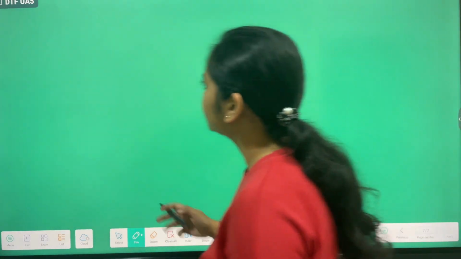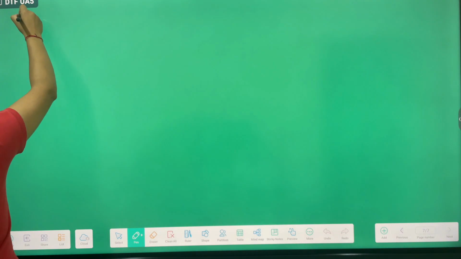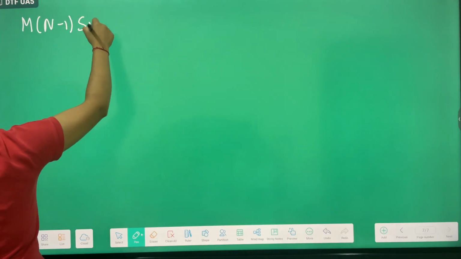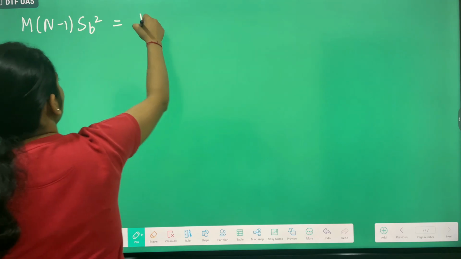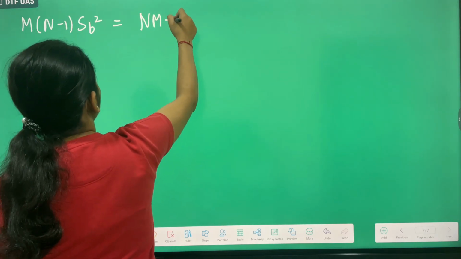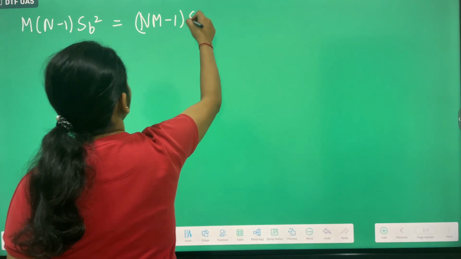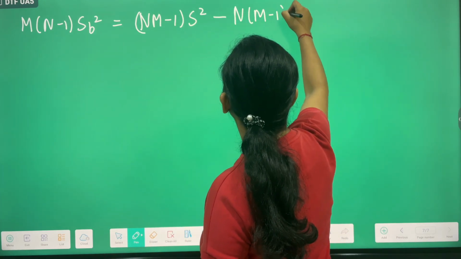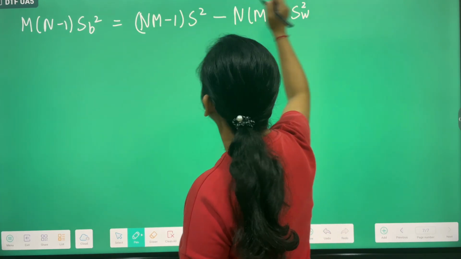So M into N minus 1 S_B square is equals to NM minus 1 into S square minus N into M minus 1 into S_W square.